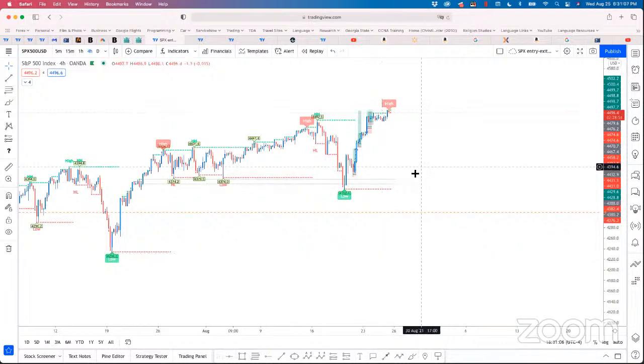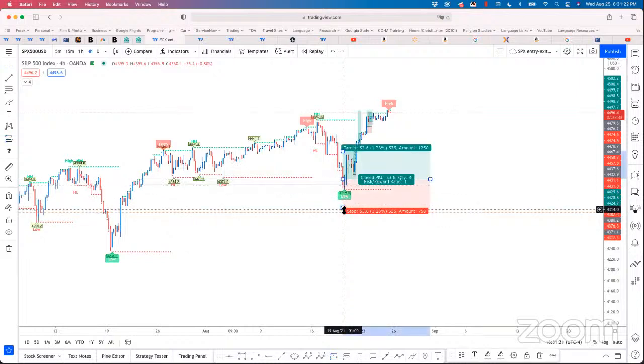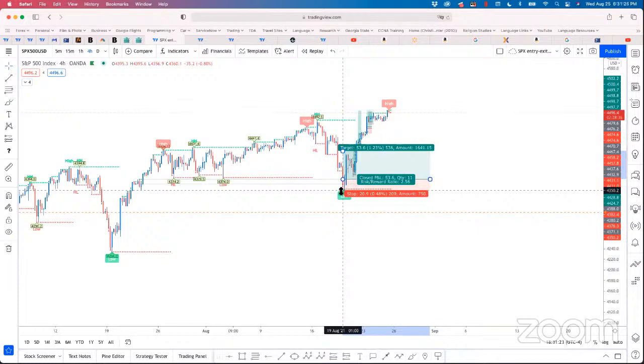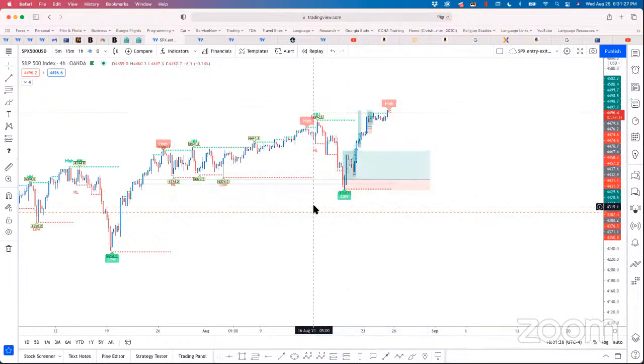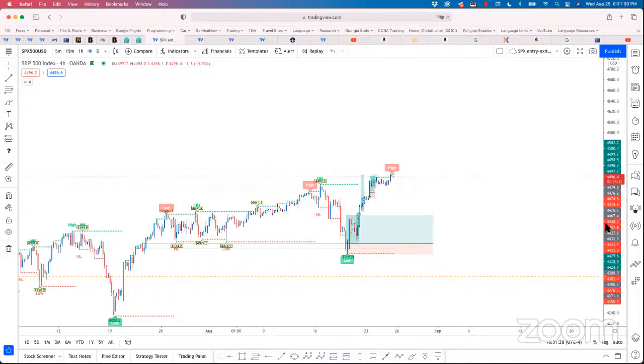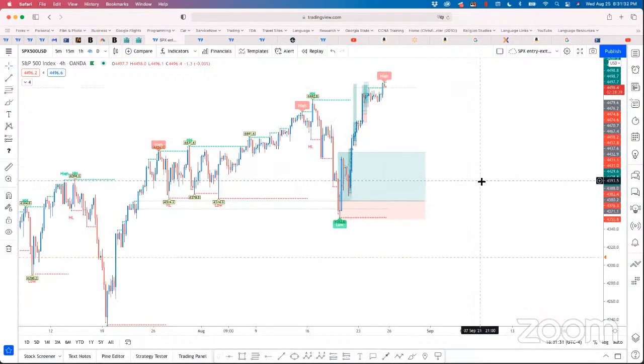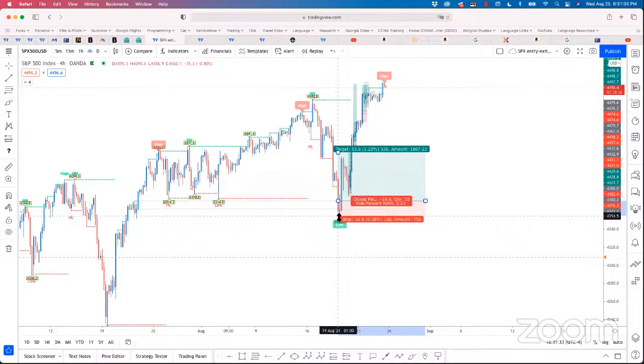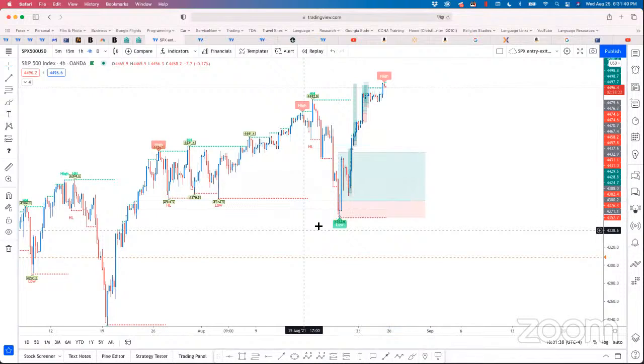And usually this order right here at the top is not going to be that big. So if I go in the drawdown right here, and I'm using this low right here, maybe I'm in drawdown for 160 pips, which I can deal with because I didn't put a big order right here.